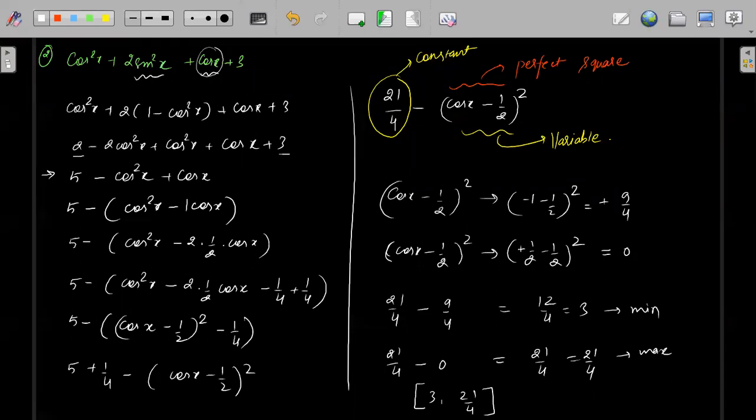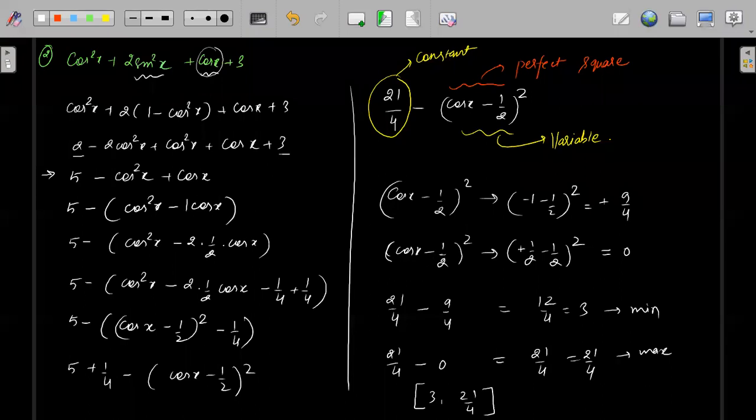So let's check if this can take 0 value or not. For (cos x minus 1 by 2), the minimum value of this whole thing will be 0.